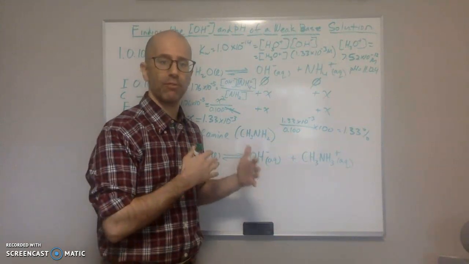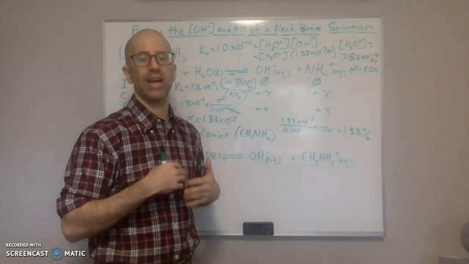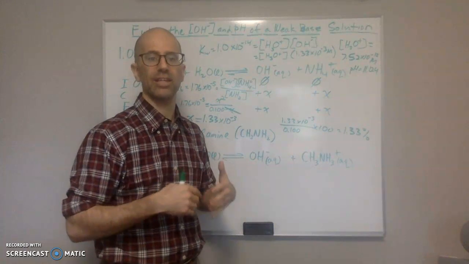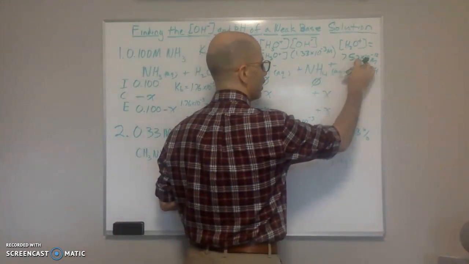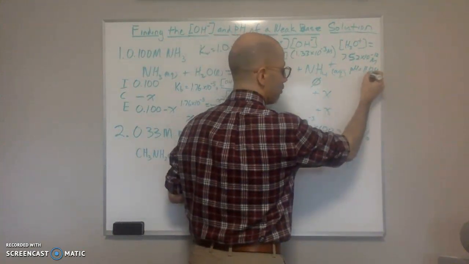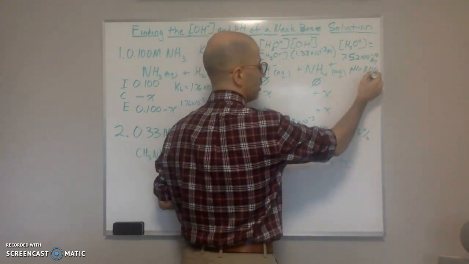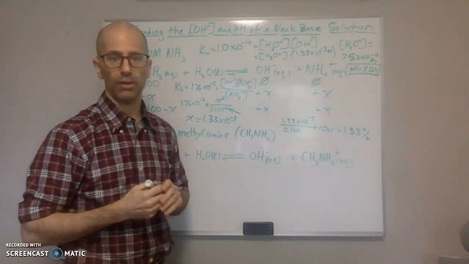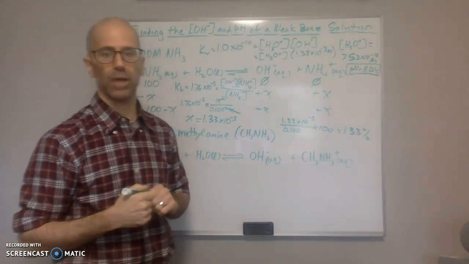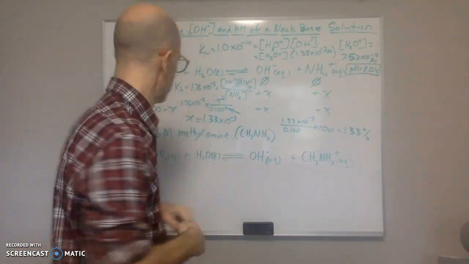So the number of significant figures translates into the number of decimal places. So you'll notice I have 3 sig figs here, and I have 3 decimal places there. So that's how you keep track of your significant figures. Okay, so that's the first one.